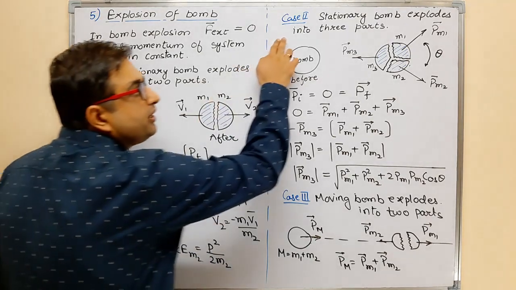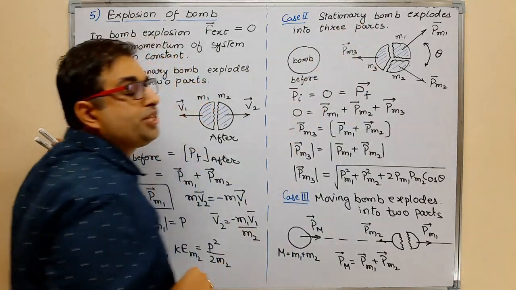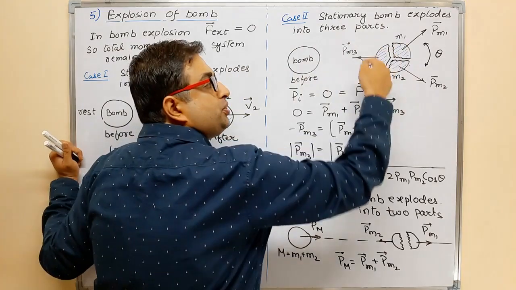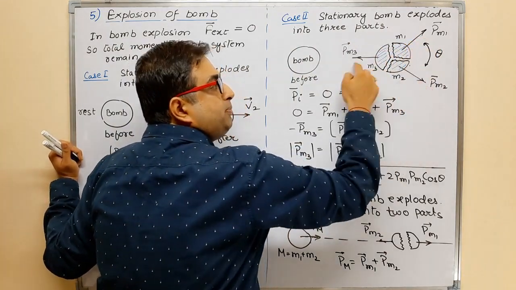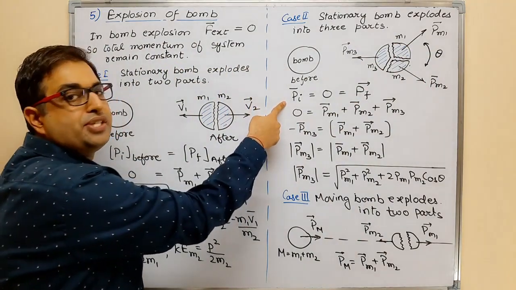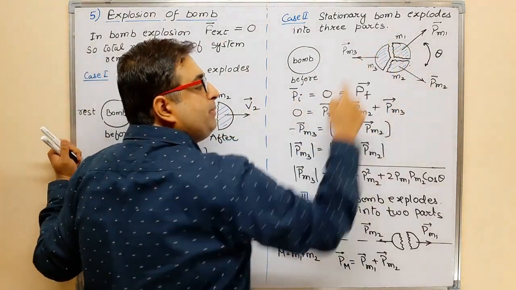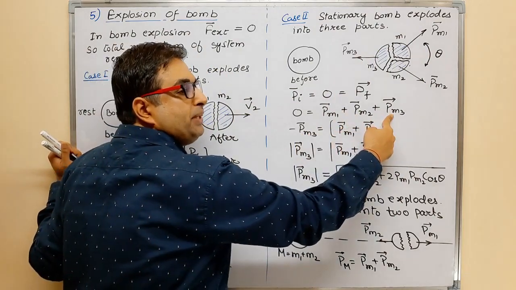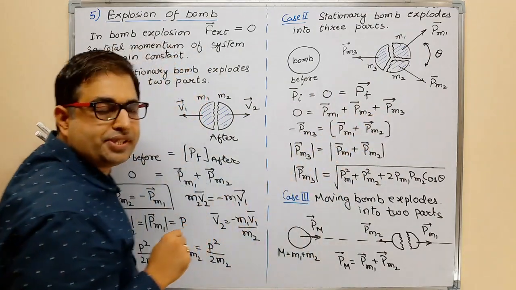Next, second case. A stationary bomb explodes into three parts. Now the stationary bomb explodes into three parts. So there will be three momentums after blast. So initial momentum is again 0. Final momentum will be in three parts: Pm1, Pm2 plus Pm3. All these are vectors.